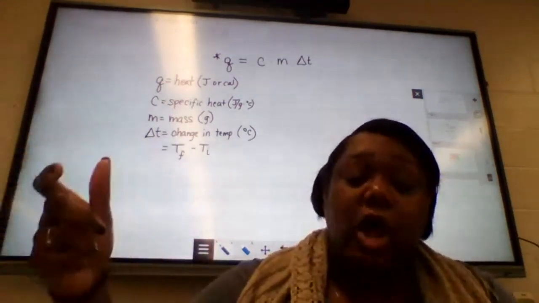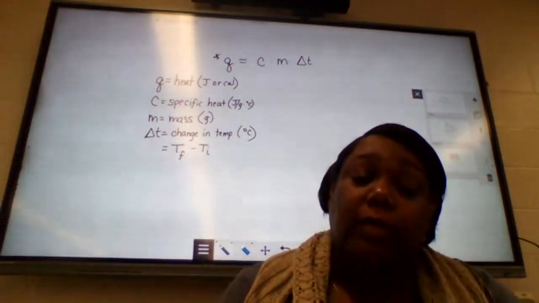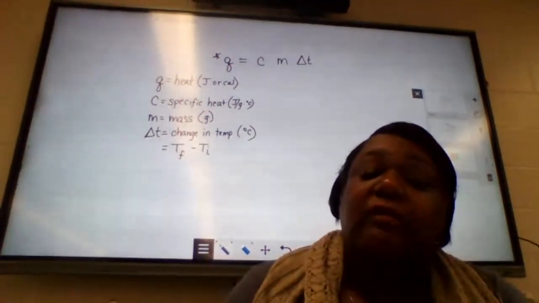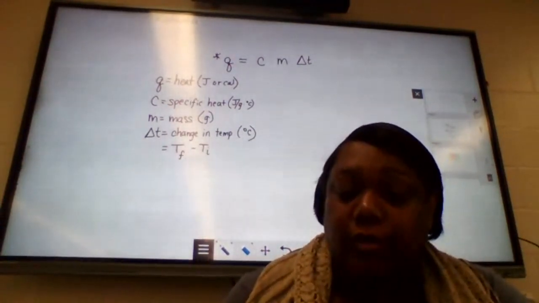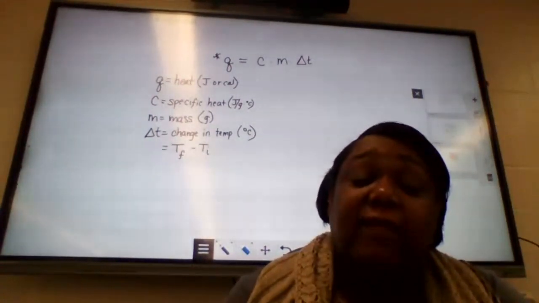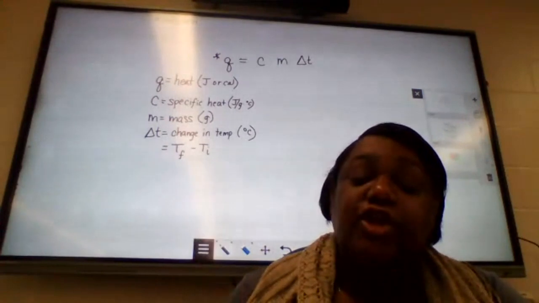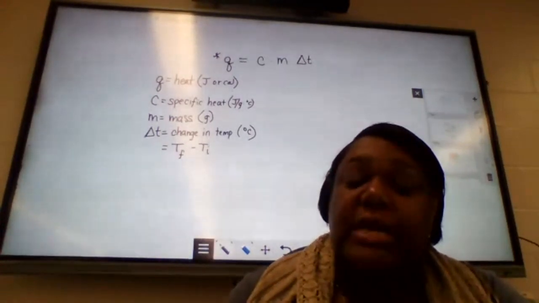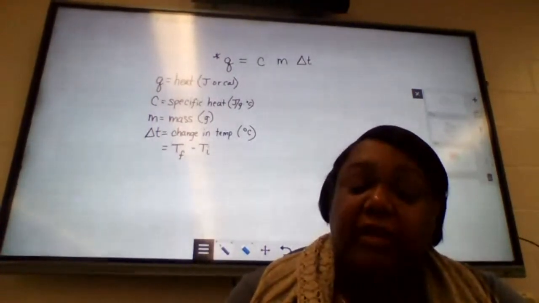And then you would have to do another problem where you go from liquid water at 0 to liquid water at 20 degrees Celsius or whatever that final temperature was. And then to find the total amount of heat, you would just add those 3 heats together.